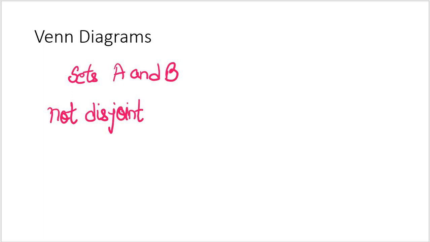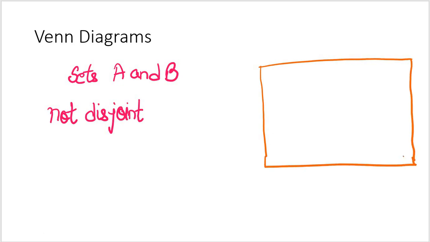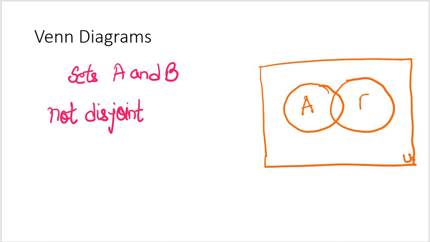So, in this case, how is my diagram going to look? Once again, let me draw this universe of discourse, or the universal set, and I have a set A and I have another set B, and you can see that there are some elements which are common, that means present in both these sets.